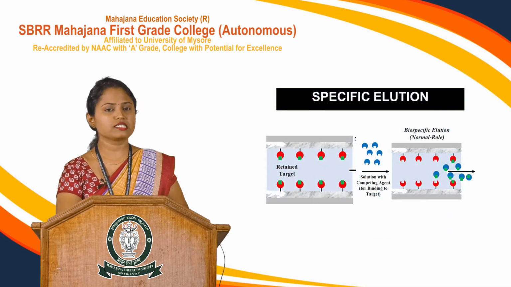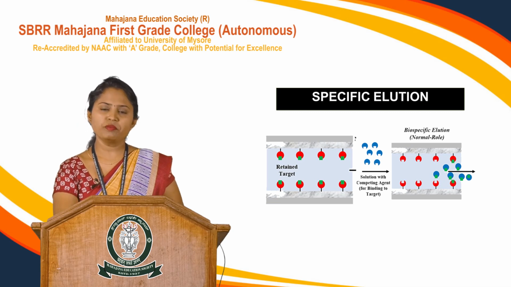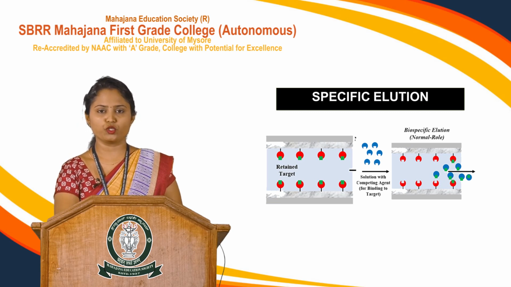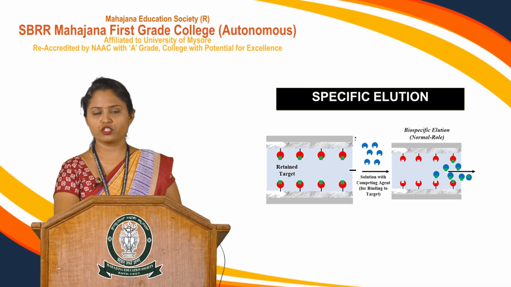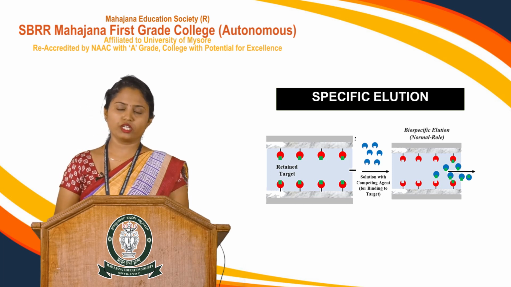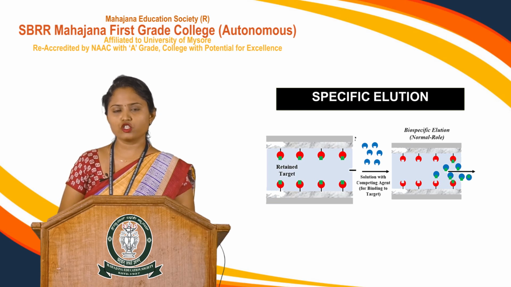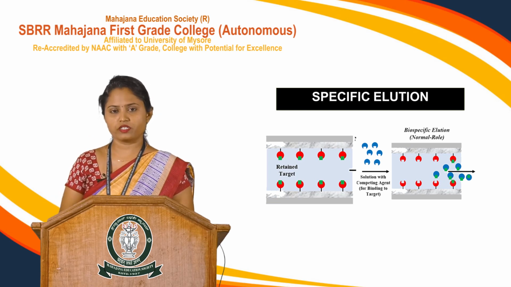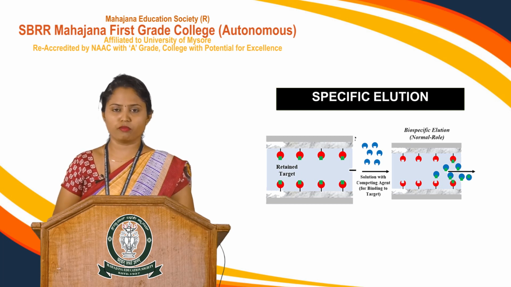Let us look into the second process of elution, that is specific elution. The term indicates specificity, which means you are going to use specific molecules which can bind to the ligands. But make sure that the molecules you treat the column with, the column already bound with ligands, have higher specificity or a highly competitive interaction than the previously bound ligands.